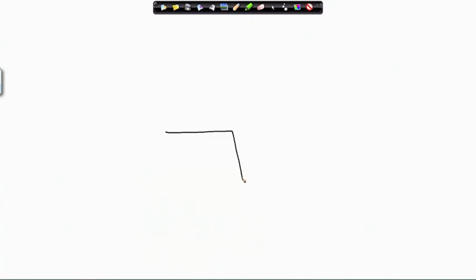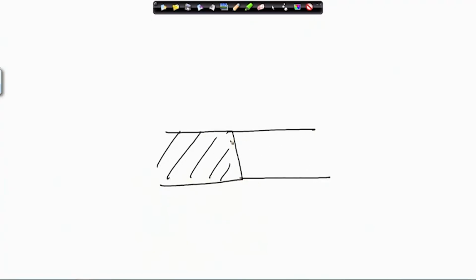If I have two such materials, this is one, this is the other, and I heat them at this point so that this part melts. When it solidifies, this will be a single piece, so that we can join parts and make up shapes.